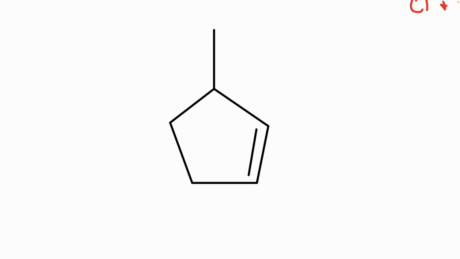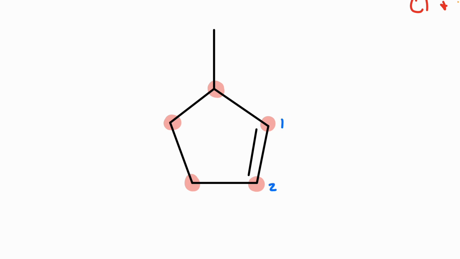So my parent chain, or my 5 carbons in my ring. Okay. I have this methyl group, but I have to indicate where that methyl group is on this ring relative to that double bond, right? So again, my double bond's always between carbons 1 and 2.